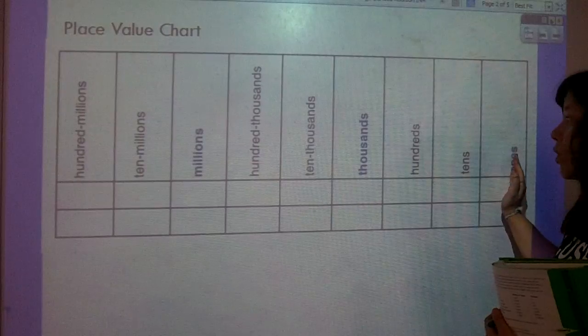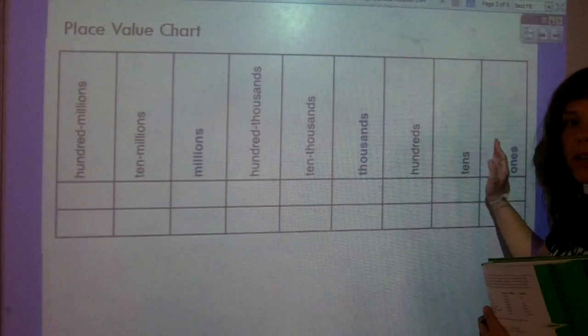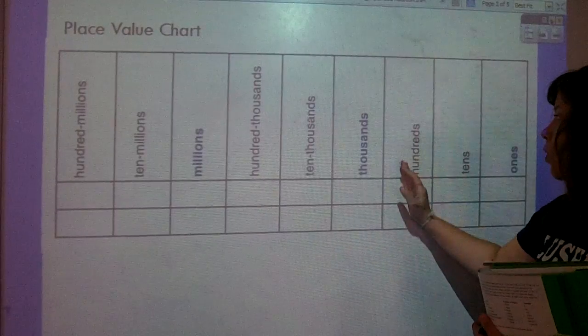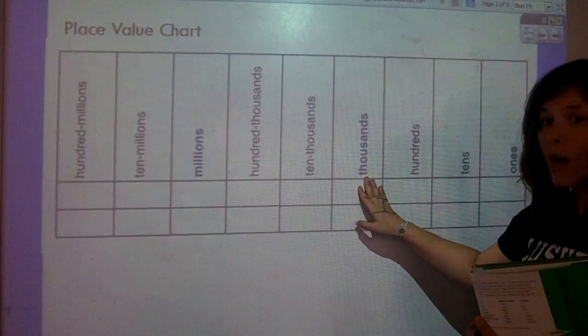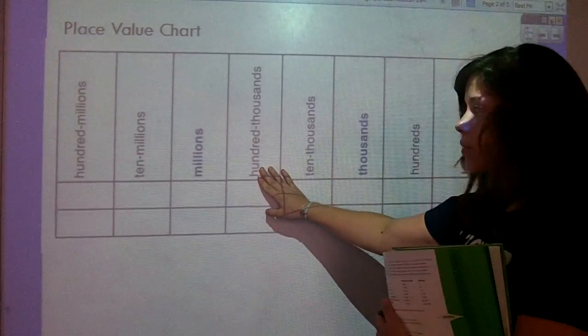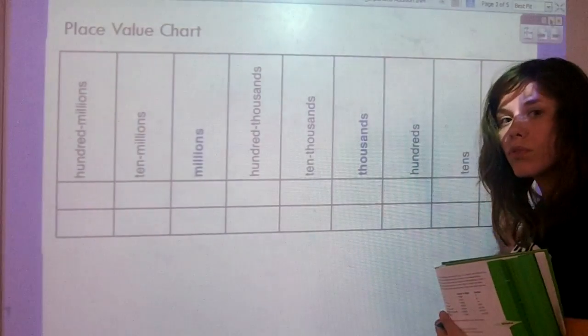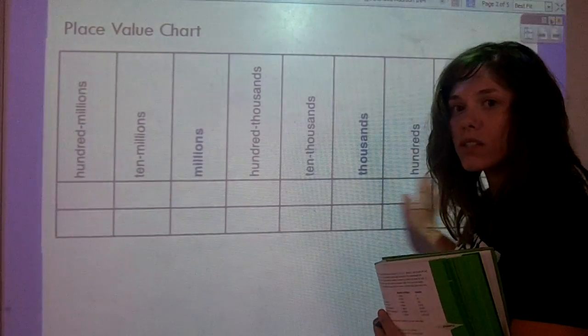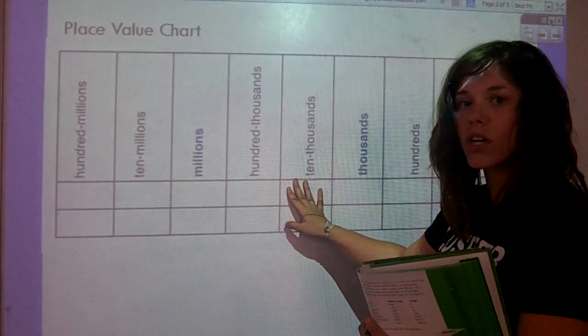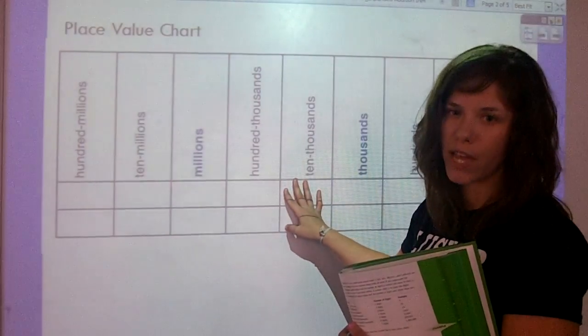Then as we move over, we're multiplying by 10 every time. 1, 10, 100, 1,000, 10,000, 100,000, million, etc. So as we move from right to left, our numbers are increasing in value, or our digits will be increasing in value.